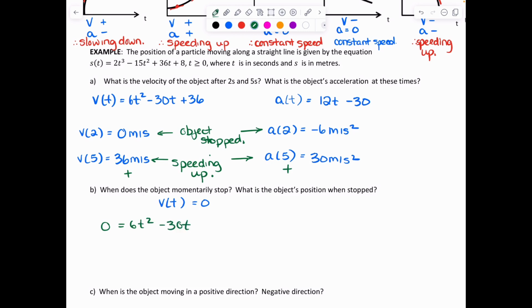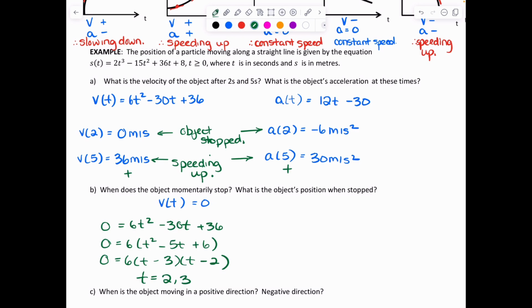You will notice that this factors nicely: t minus 3 and t minus 2. So t equals 2 and 3. Therefore we know that the object is stopped at 2 and 3 seconds.